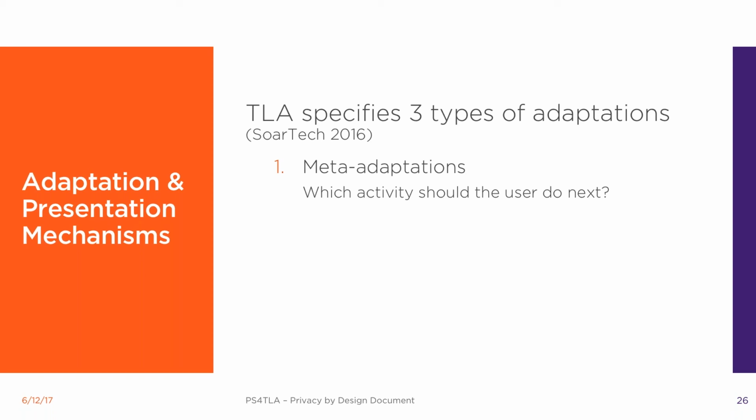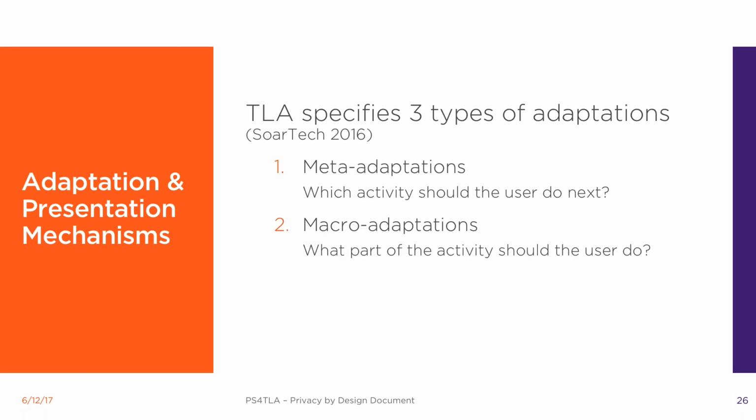The macro-adaptations are recommendations of what to do within a certain learning activity. So for instance, you should work on your irregular verbs. And then finally, micro-adaptations are small adjustments to the activity based on the context. So for instance, if you're going to Montreal sometime in the next month, then the language training app can add some local idiom to help you train for your upcoming trip.